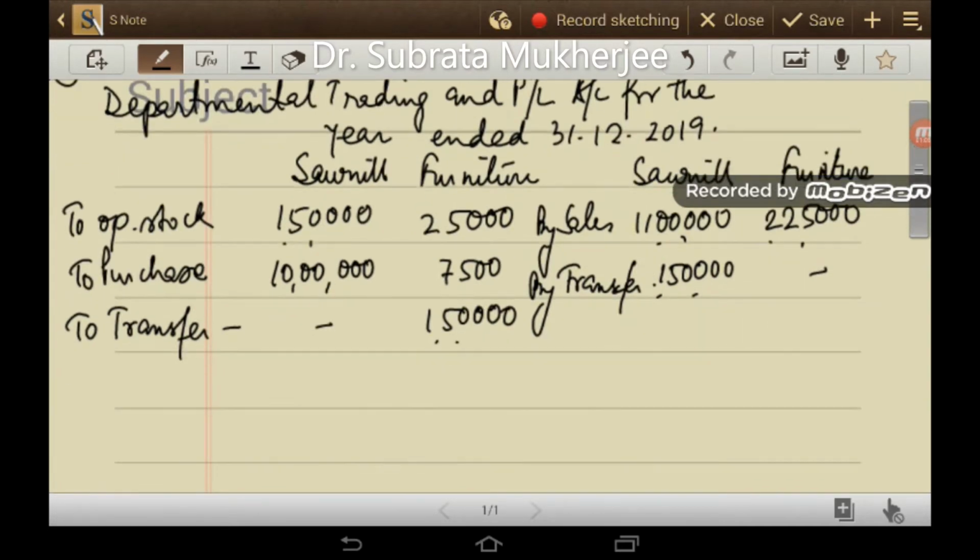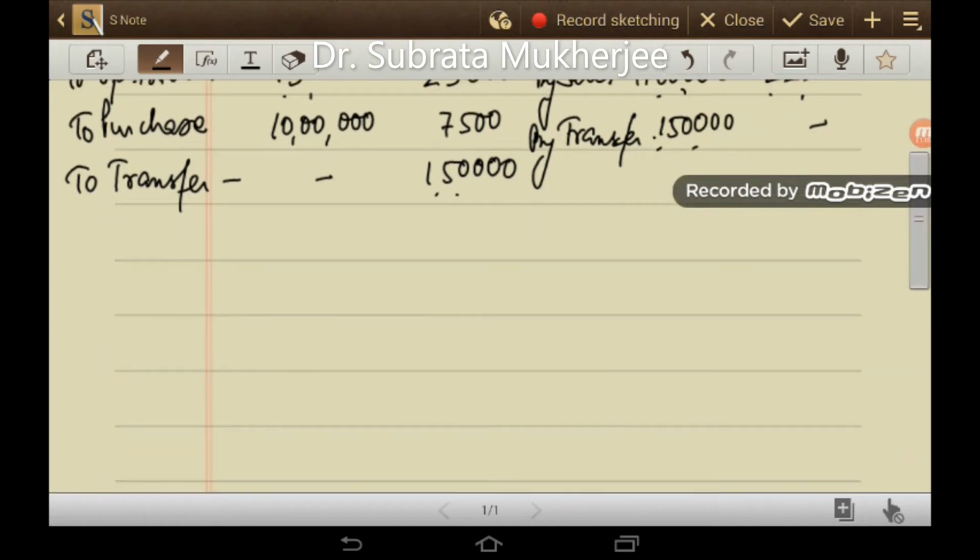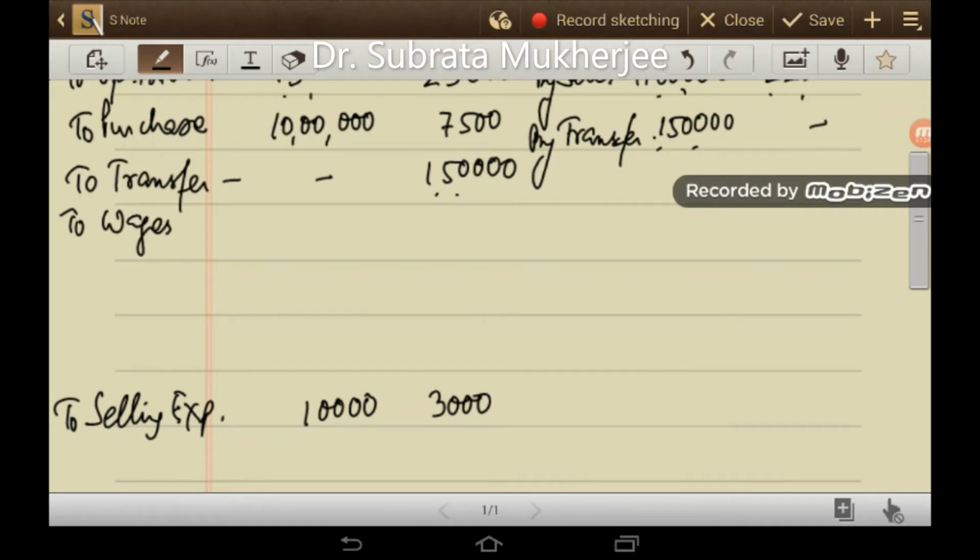Next is your selling expense. So selling expense is a part of your P&L account. So to selling expenses, 10,000 and 3,000. Next is wages. So wages is only for furniture department, 30,000, and thereafter it is the closing stock.